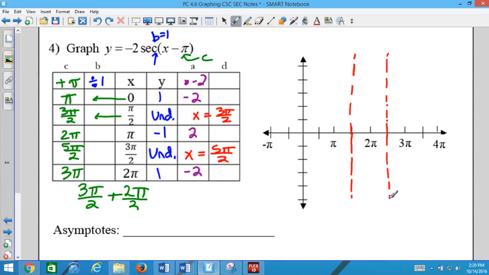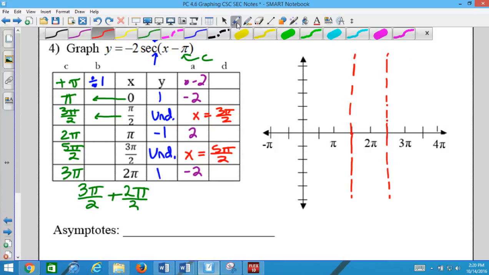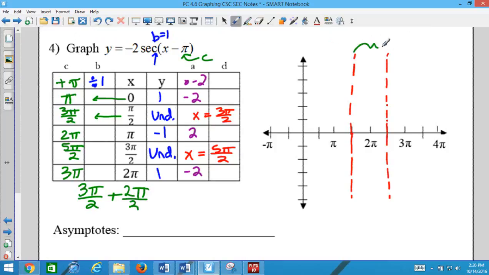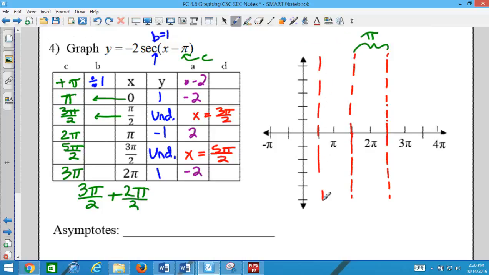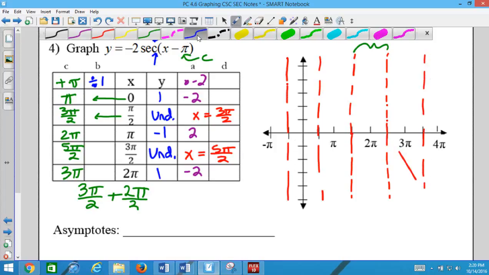You notice that those are 2 spaces on my graph, so that is a total of pi apart. Go ahead and put the rest of the asymptotes in. And then graph my points.